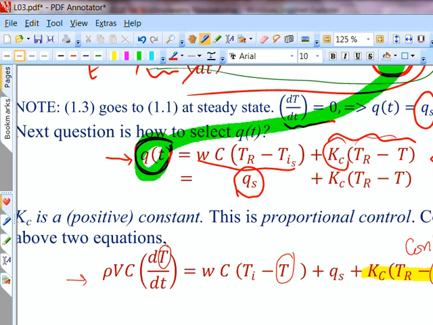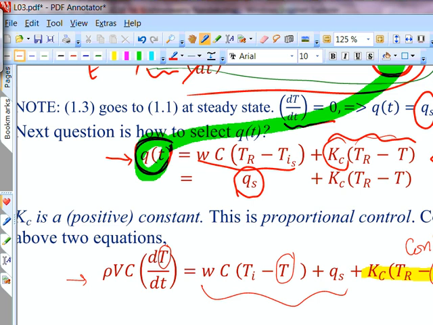So when T reaches TR, this term will drop out, and I will get my original steady state equation that I wrote down. The control action stops when T reaches TR.